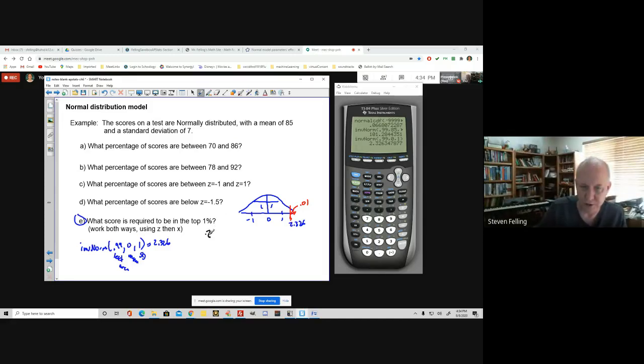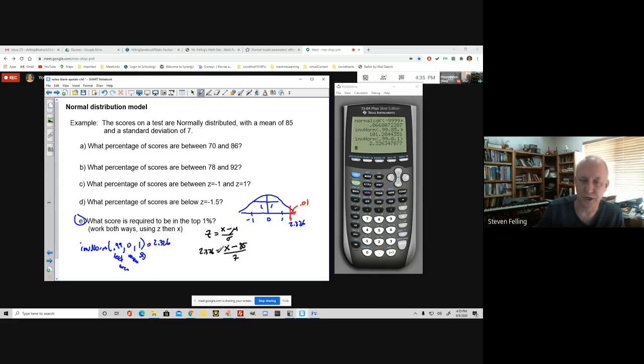z-score formula, which is z equals a data value minus the mean, over the standard deviation, to convert that. So if I know that the z-score has to be 2.326, and I would like to have the data value for that, and I know the mean was 85, and I know that the standard deviation was 7, I could take this equation and solve it for x.